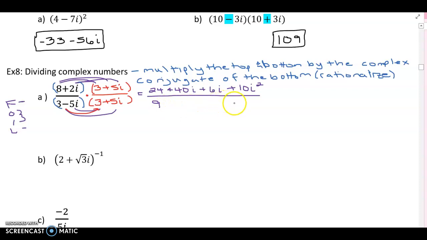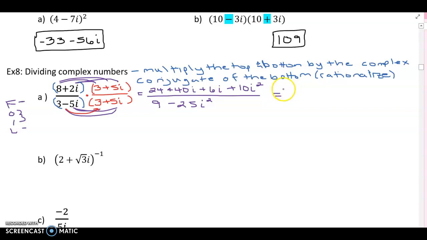You are welcome to write the middle, but the middle is going to zero out every single time because we're doing that on purpose. So last would be negative 5i times positive 5i, which is negative 25i squared.